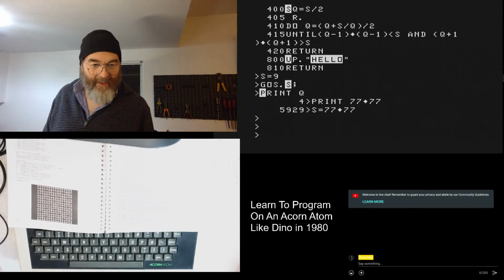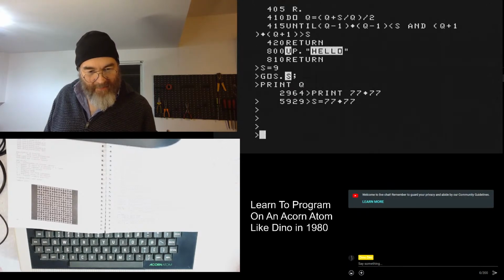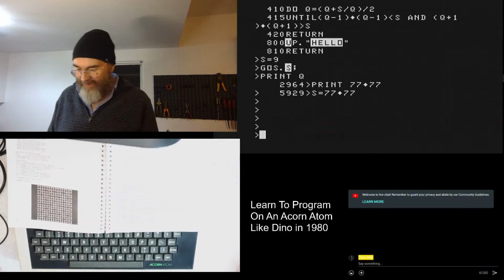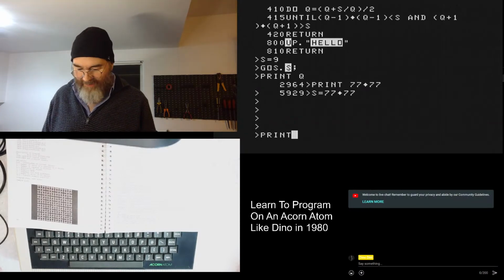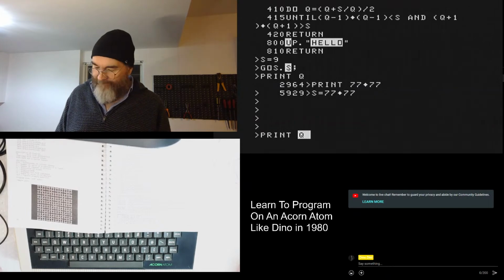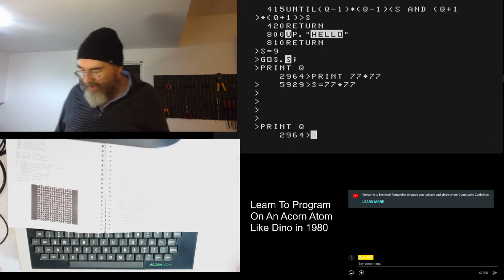And then print Q. So the square root. There's no way that's right. That's not the square root of it, so there's a bug.